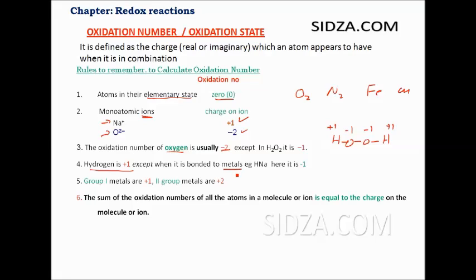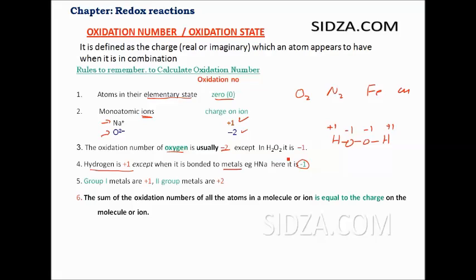We know metals are more electropositive elements, and if we have hydrogen combined with alkali metals or alkaline earth metals, in that case the hydrogen has -1, because hydrogen is more electronegative than the alkali metals. So it will take the electrons away. So the oxidation state will be -1 when hydrogen is in combined state with the alkali metals.